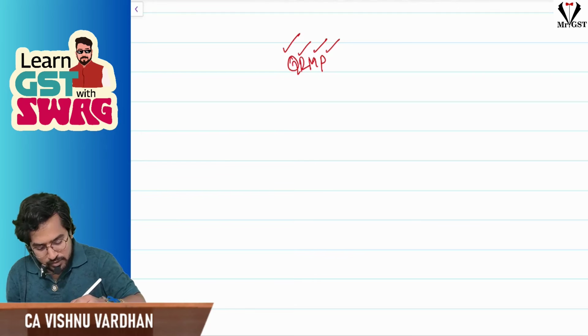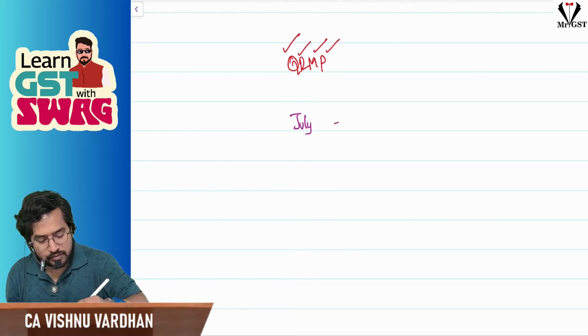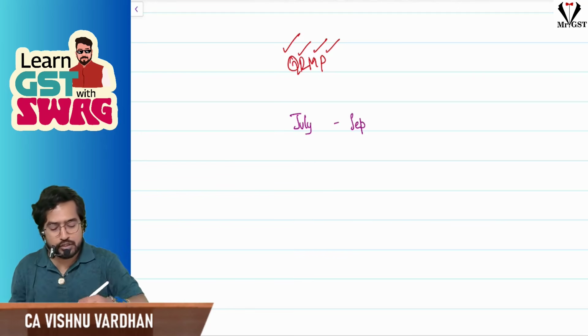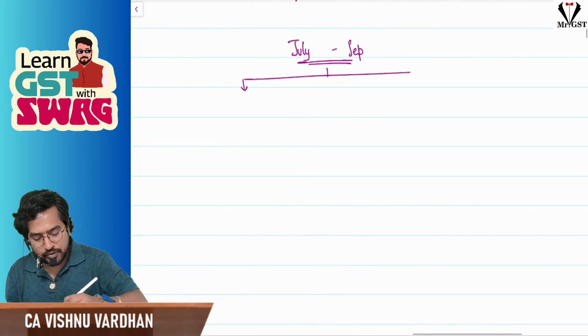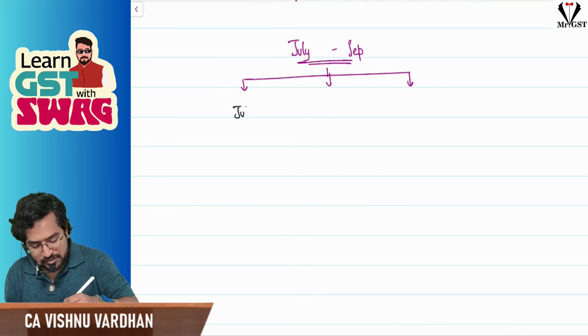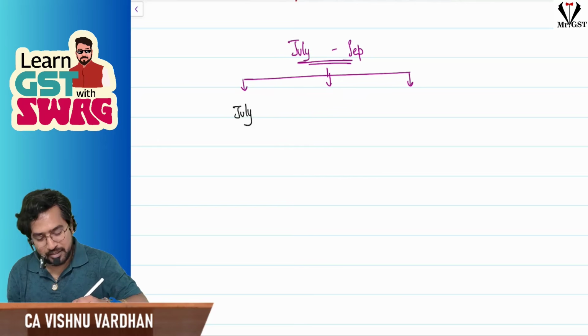Now, sir, let us take one quarter example. Let us take the July to September quarter. In the July to September quarter, how many months are there? What is the first month? July. Second month? August. Third month?